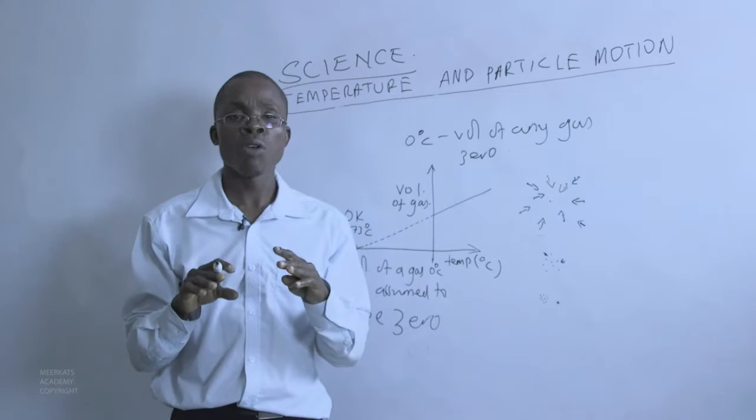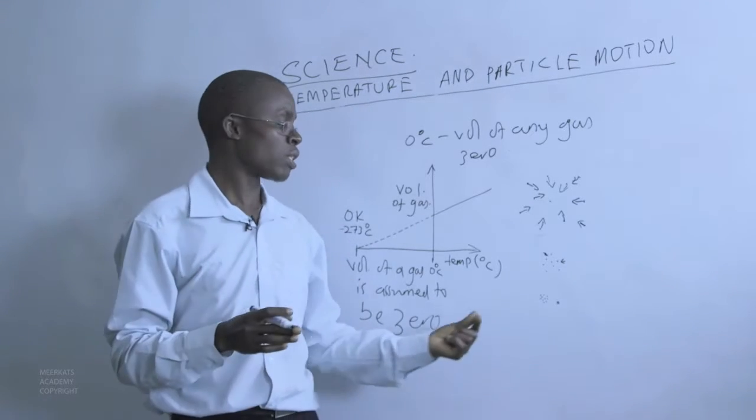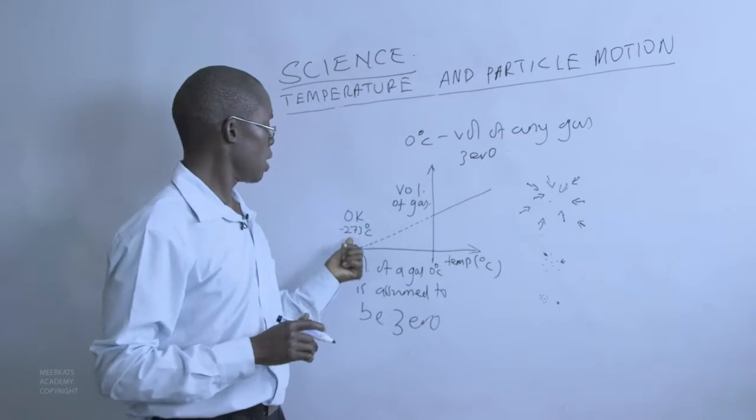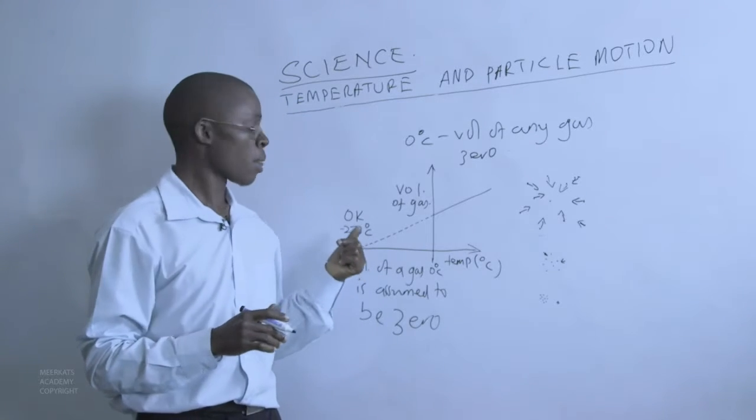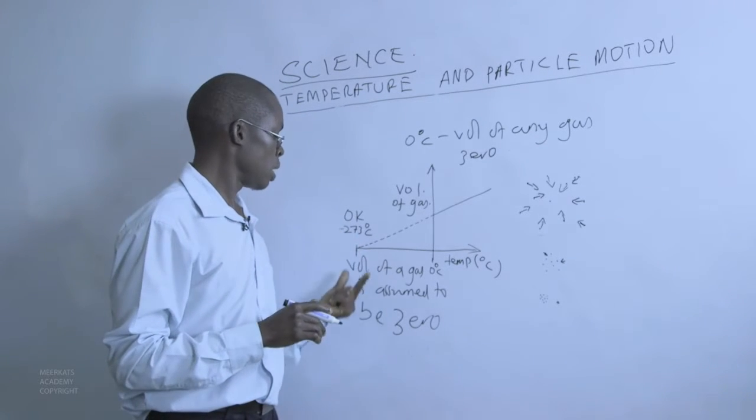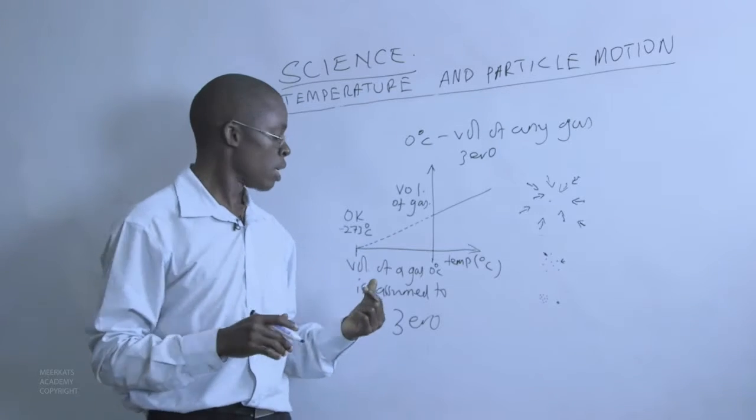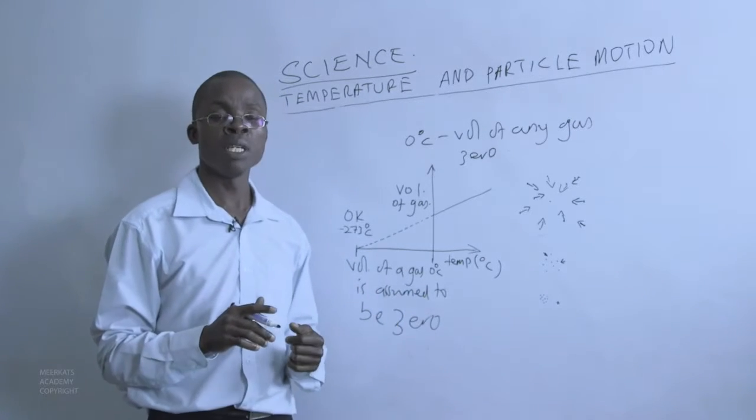But for mathematical cases, we always assume that at negative 273 degrees centigrade or 0 Kelvin, which is called absolute zero, the volume of a gas will be zero.